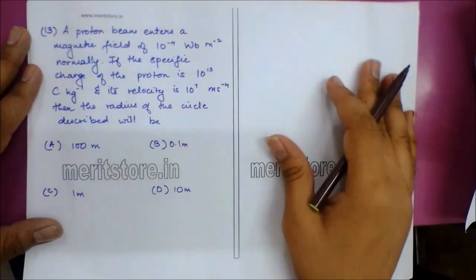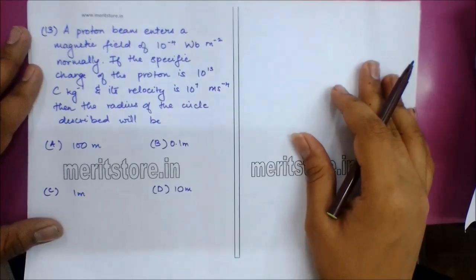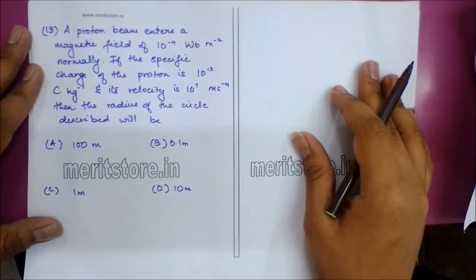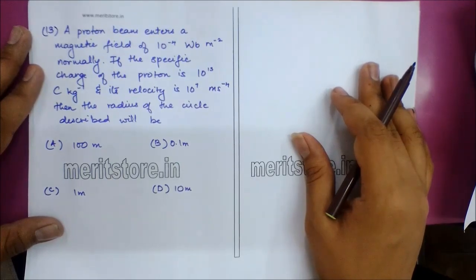Question number 13. A proton beam enters a magnetic field of 10 raised to minus 4 weber per meter square normally. If the specific charge of the proton is 10 raised to 11 coulomb per kg and its velocity is 10 raised to 9 meter per second, then the radius of the circle described will be.